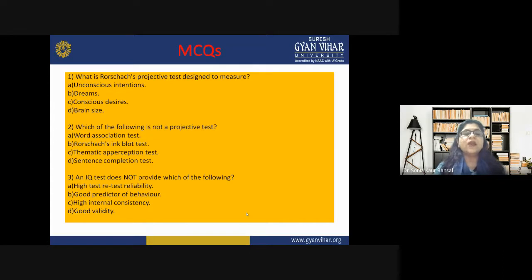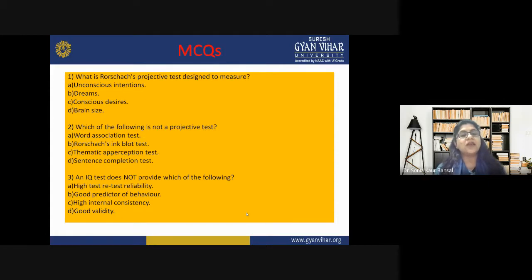Then secondly, which of the following is not a projective test? Word association test, Rorschach's ink blot test, thematic apperception test, sentence completion test. So you have to tell which is not a projective test.